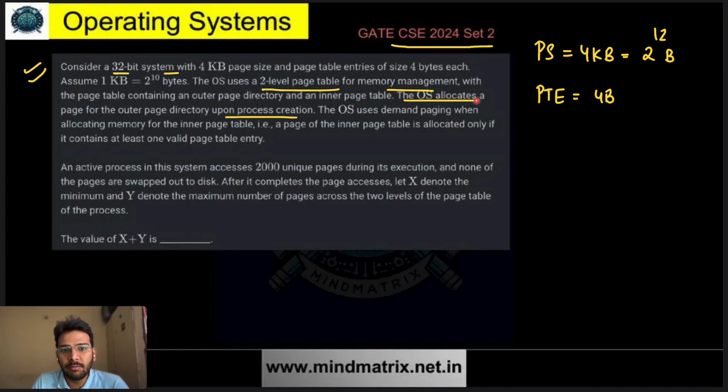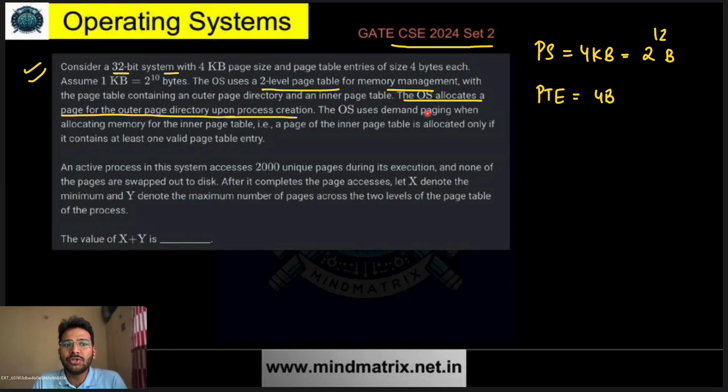Now this line is very important, because using this line we can clearly understand that for the outermost page table or page directory, the OS allocates a page. That means the outermost page table is stored in a single page. Is this point clear? This is a very important line.